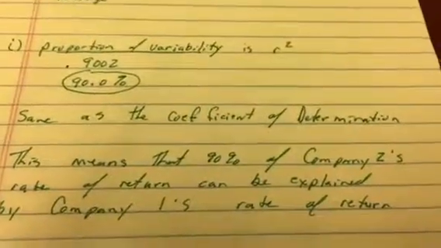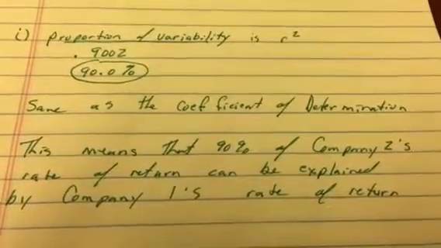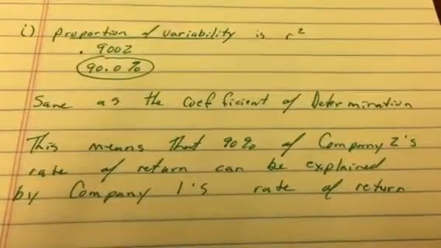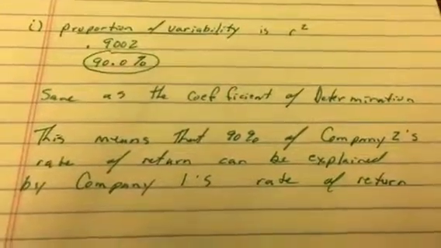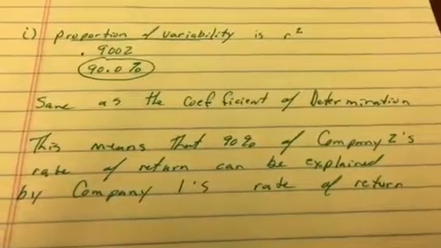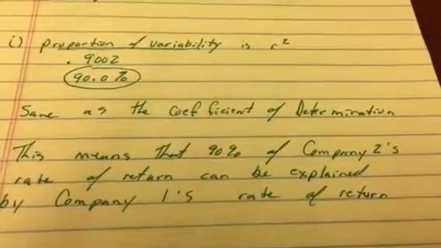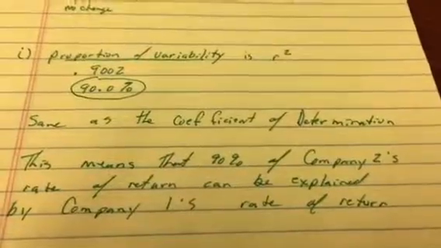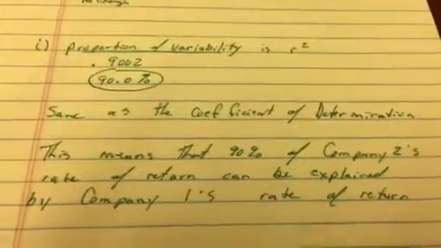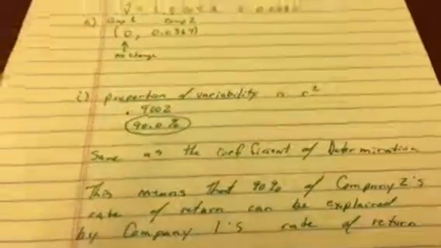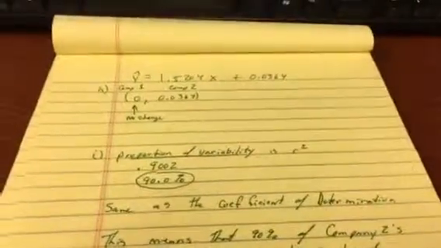This means that 90% of company 2's rate of return can be explained by company 1's rate of return. Also, you'll see a lot of times they'll say this means that 90% of company 2's rate of return can be explained by the equation. Anyway, this is a problem that covers all of linear regression. So I hope it helps. Thanks.